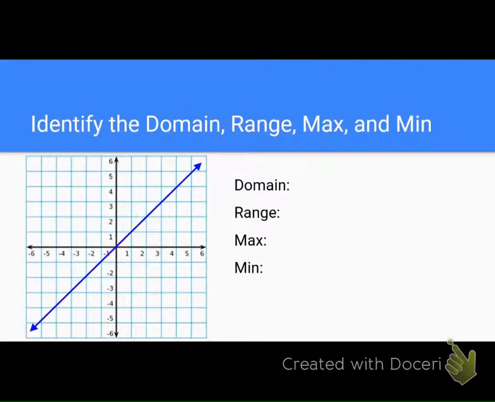So for something simple like a line, our domain, which remember is the set of x values, so we're looking here, our domain for a line, we never really have a problem. We can always plug in different x values. So our domain, we say, is all real x, or we can write that in interval notation as the set from negative infinity to infinity.